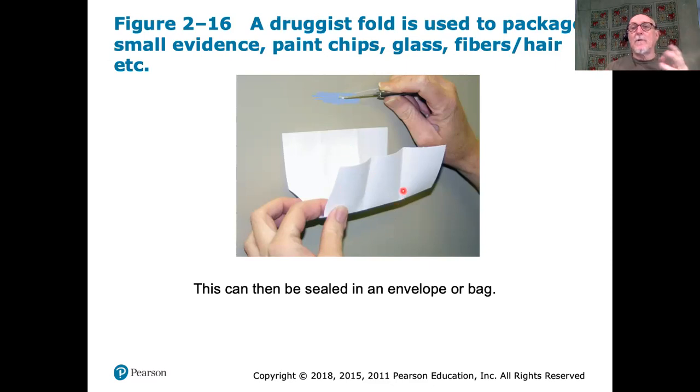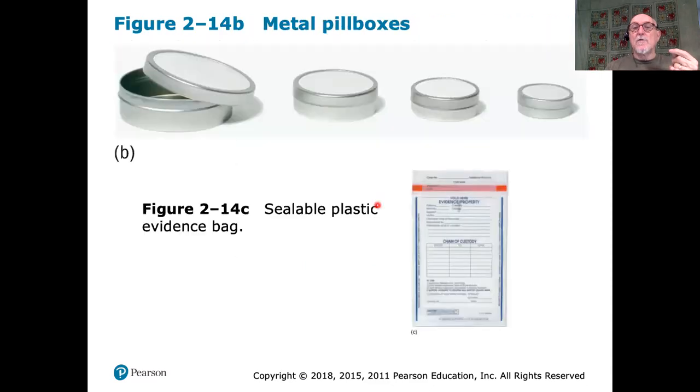It's just folded paper, which is then folded so that it's completely sealed inside. And those would very often be placed into a plastic holder like this. There's no need to worry about something like glass or metal getting mold on it.